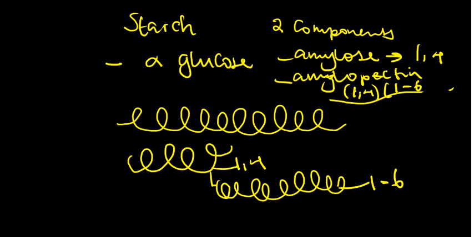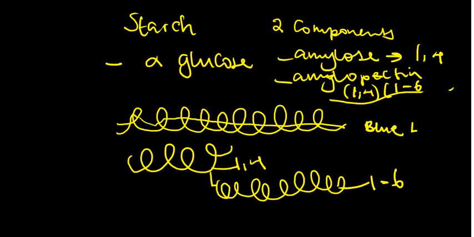When we put this amylose in water and test it with iodine solution, it will give us a blue-black color. This is because the iodine solution is able to seep through this amylose and interact with the molecules, hence it gives a blue-black.